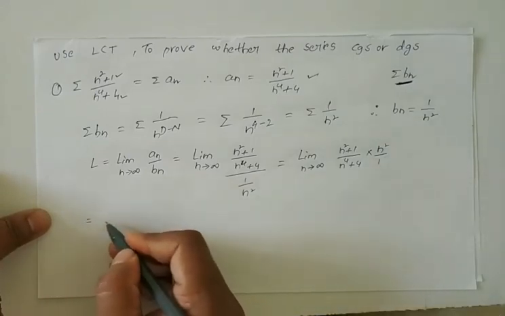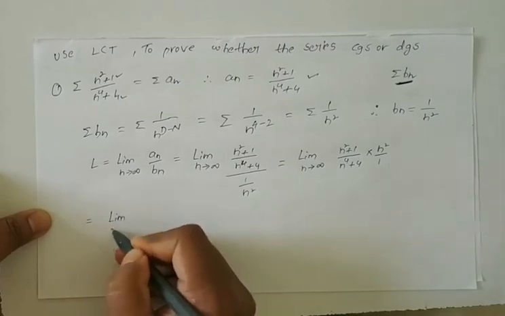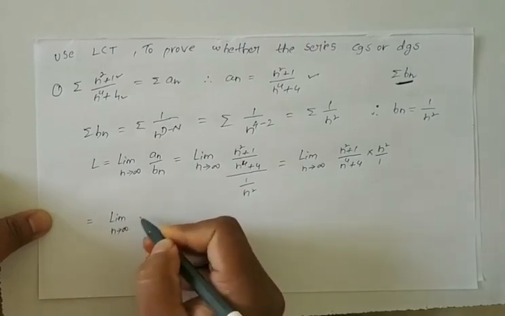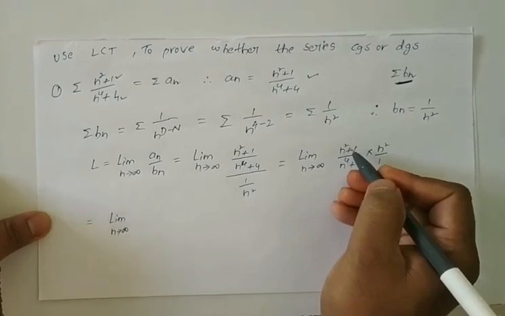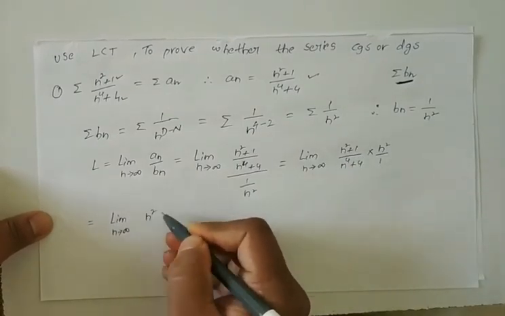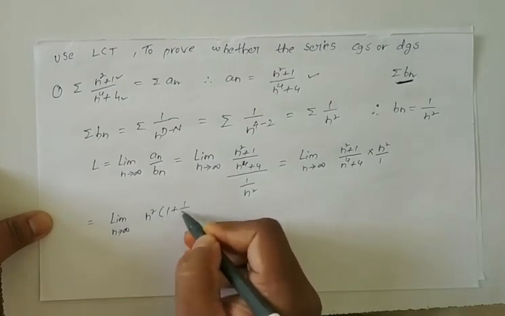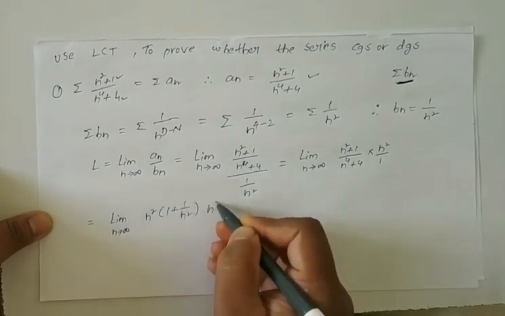Now, in the numerator I am taking n square as a common factor, so we get n square of 1 plus 1 by n square, into n square.